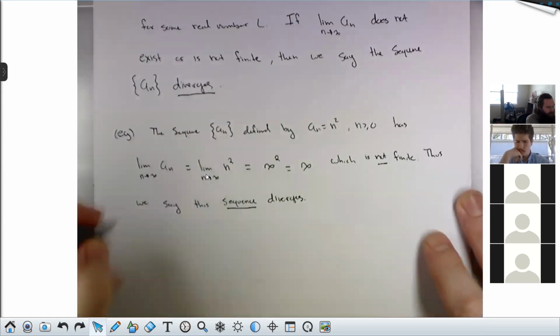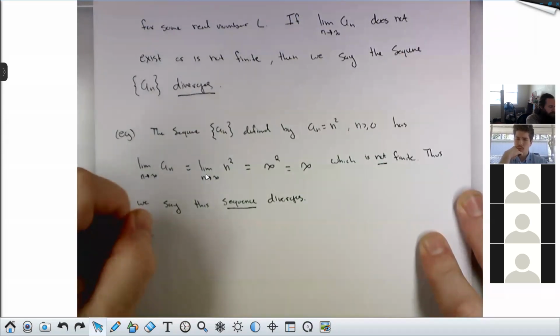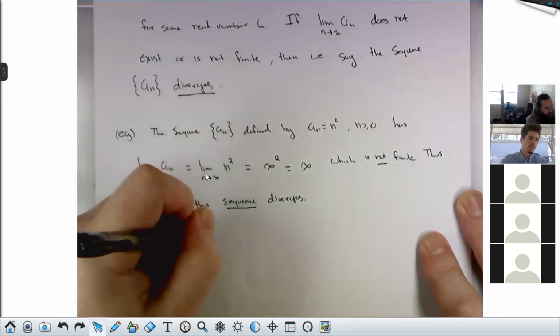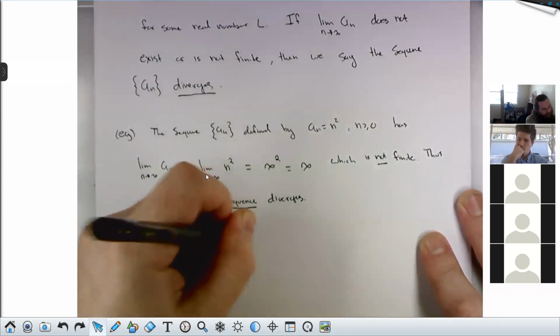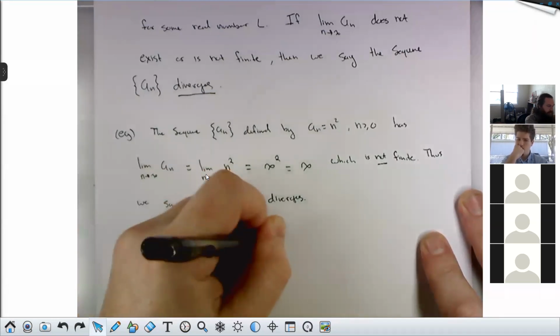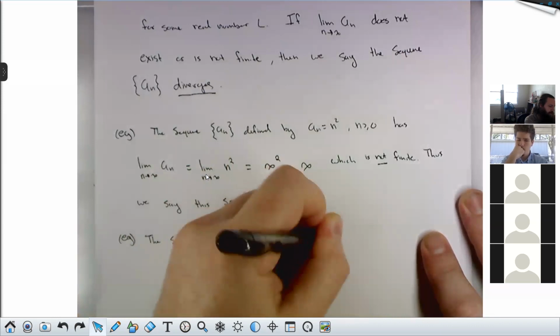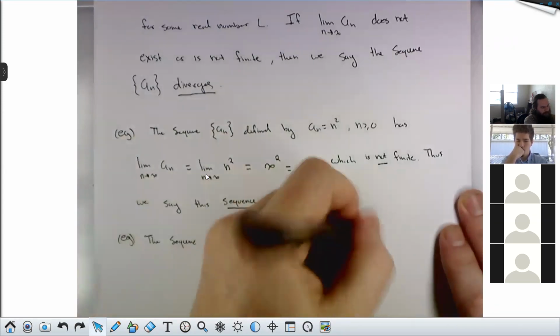Another example we played with. The sequence AN defined by the rule AN equals 1 over n, where n had to be greater than or equal to 1.